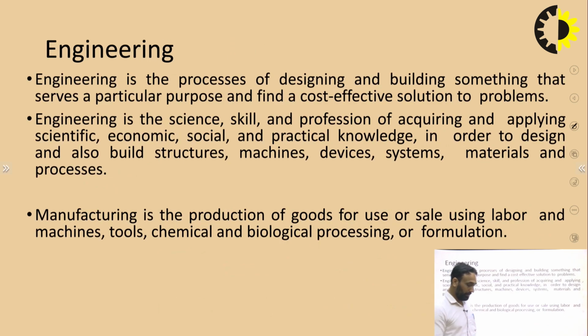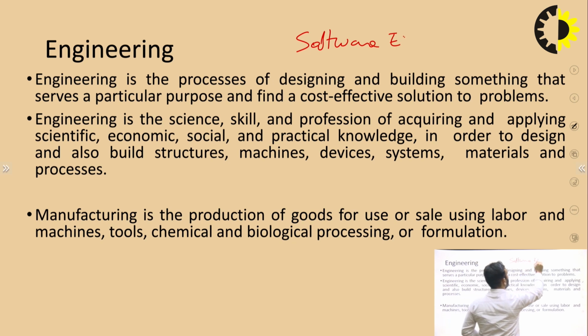So I am giving you one interesting thing about software engineering: it is the one subject in the whole of computer science and IT that has engineering at its end. The complete subject is known as software engineering.